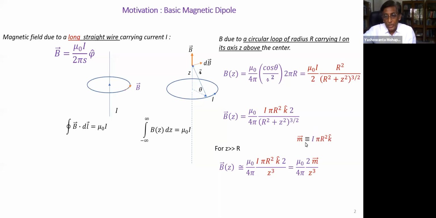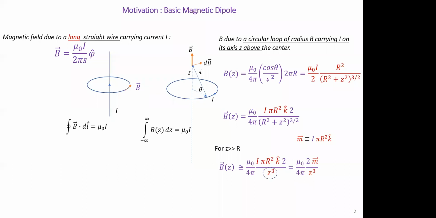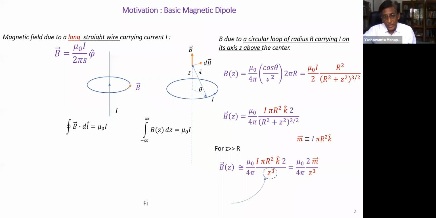There is no monopole. So a current loop is the basic magnetic dipole. So I pi r square. Of course, we'll do a multipole expansion to do it more rigorously. So this z cube field dependence is dipole-like, and this pi r square is the area vector.